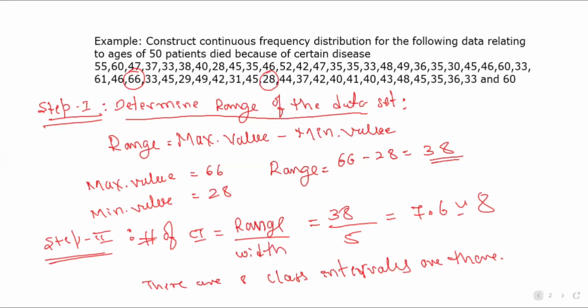So in step number 3, we are going to prepare the class intervals with the help of exclusive class intervals. From which value do we start? The minimum is 28, so better I go for 25 onwards. So 25 to 30 is the first class interval, and since I am using exclusive, the upper limit is the same as the lower limit of the next class interval.